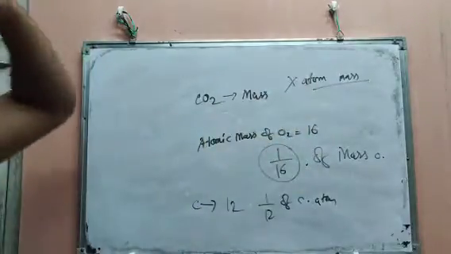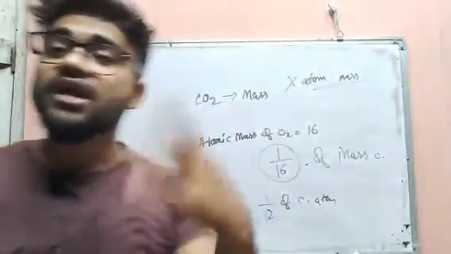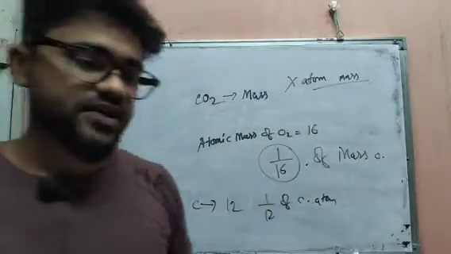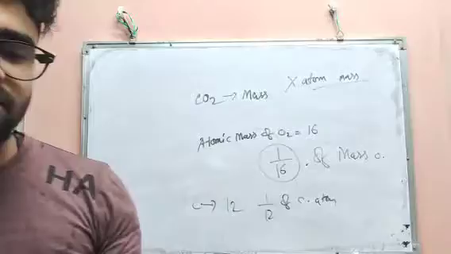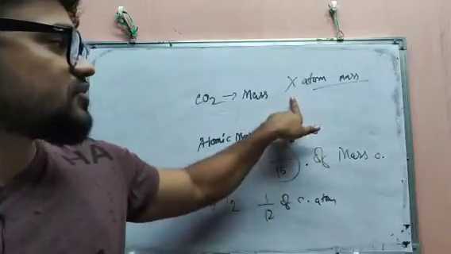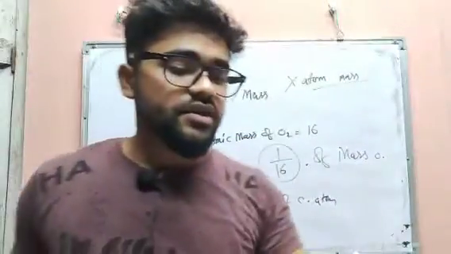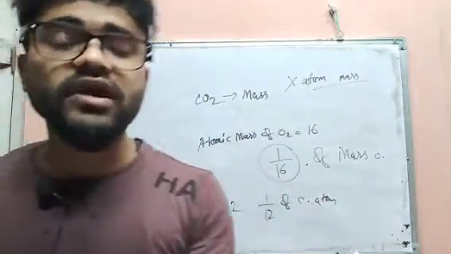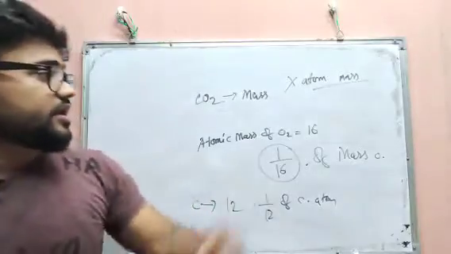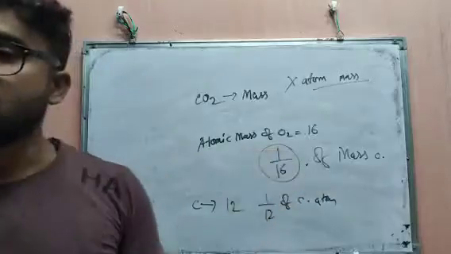Then we need to compare this mass with the mass of the carbon atom. Suppose the mass of one X atom is equal to 12 units of carbon atom, or 12 times the mass of carbon atom. So we have to compare this with 1/12 of the carbon atomic mass.